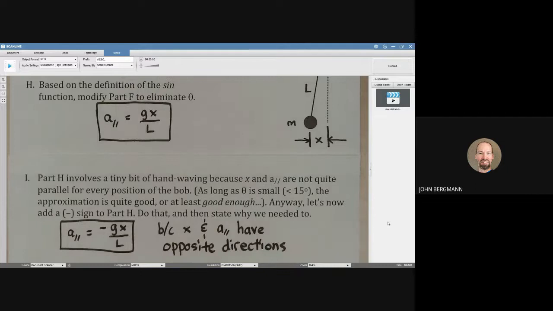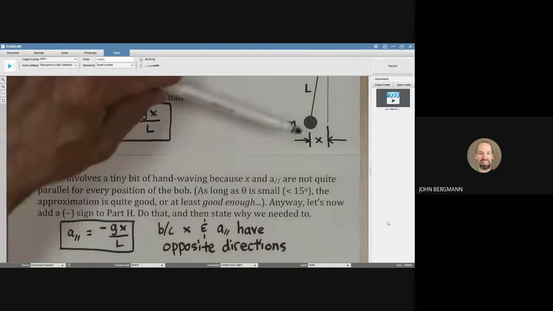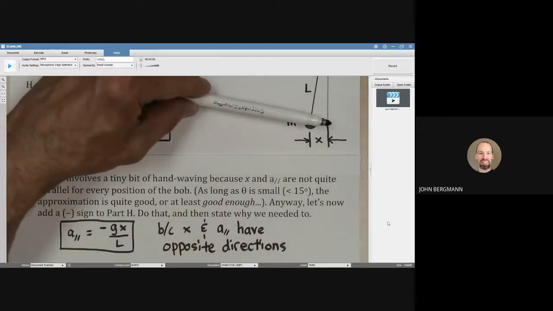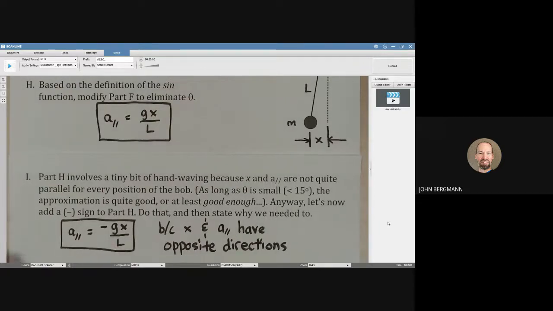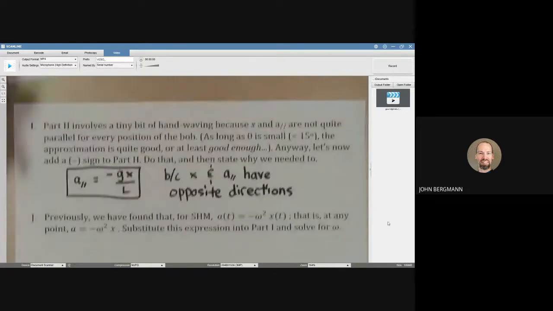You can see in the upper right corner, if we displace this mass to the left, isn't this bob going to have an acceleration to the right? Similarly, if we displace it to the right, the acceleration will be to the left. So we throw in a negative sign there into that equation.